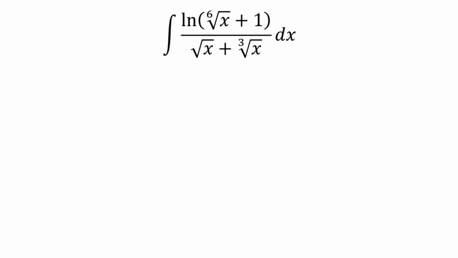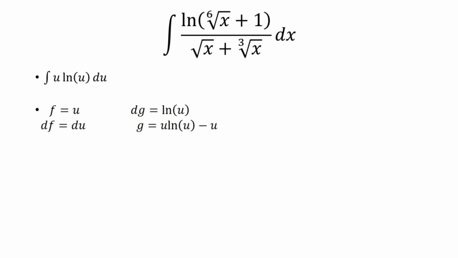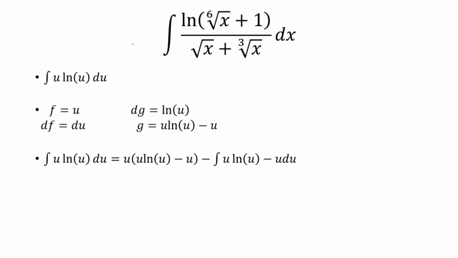The other integral now is u ln of u du, and this we're going to do similar to the other slide. We're going to let f be u, and then dg is ln of u. I'm going to keep the original integral on the left here because I'm going to add it with this integral, so then we'll have 2 copies of that.